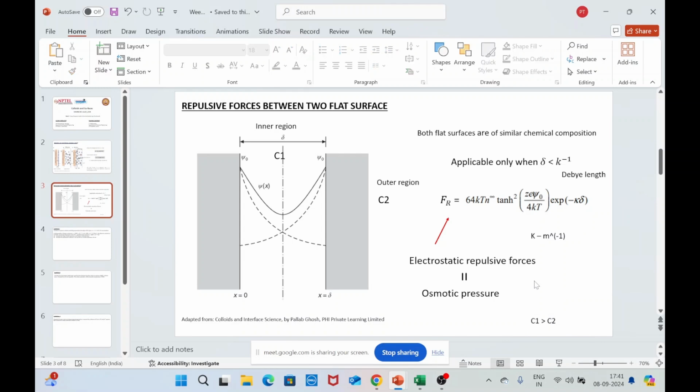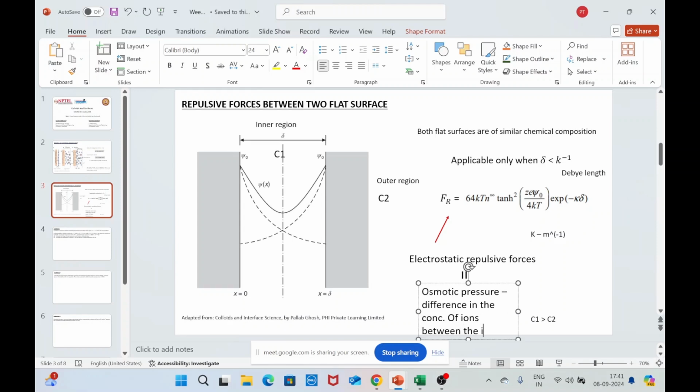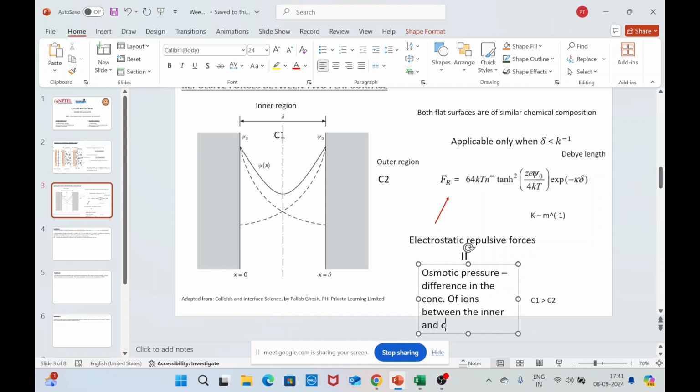Due to this difference in the concentration of the ions between the inner and the outer region, there will be an osmotic pressure. So osmotic pressure is due to the difference in the concentration of ions between the inner and outer surface.